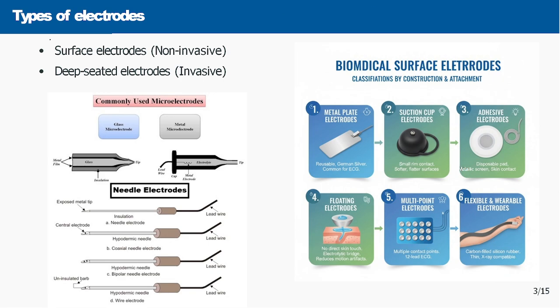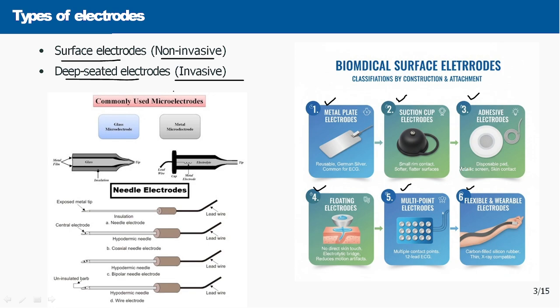Now, basically we have two different types of electrodes: one is the surface electrode, and another is the deep-seated electrode, which we can place under the skin or epidermis. These are invasive in nature, and surface electrodes are non-invasive in nature. You can mark here the different surface electrodes: metal plate electrodes, suction cup electrodes, adhesive electrodes, floating electrodes, multi-point electrodes, and flexible electrodes.